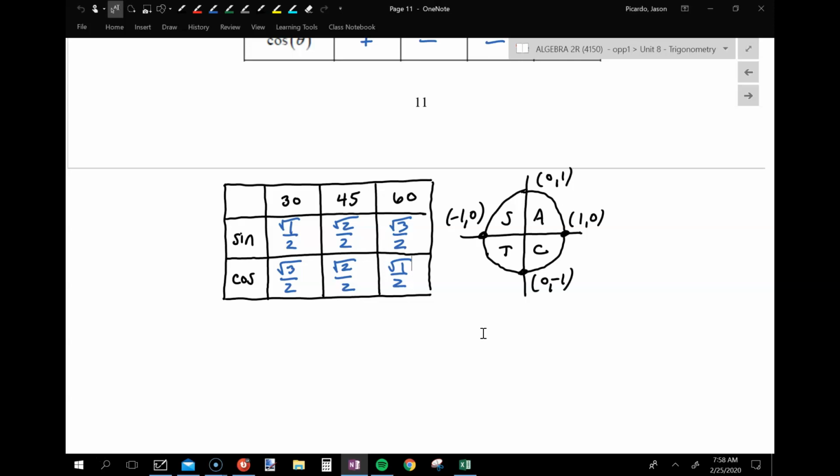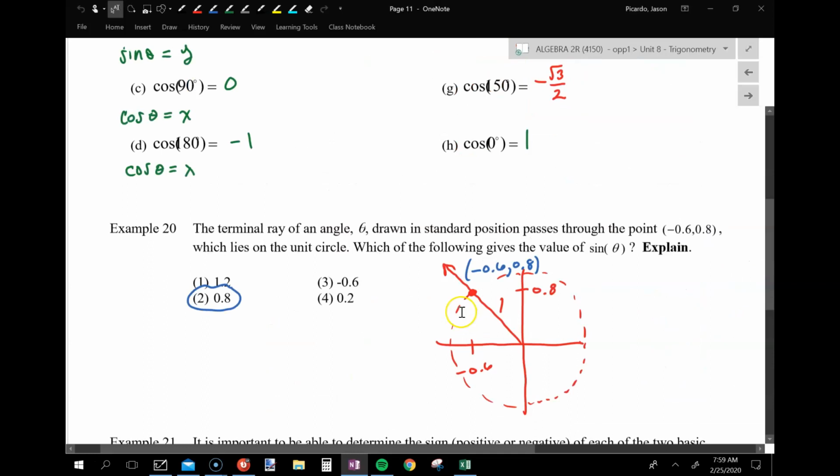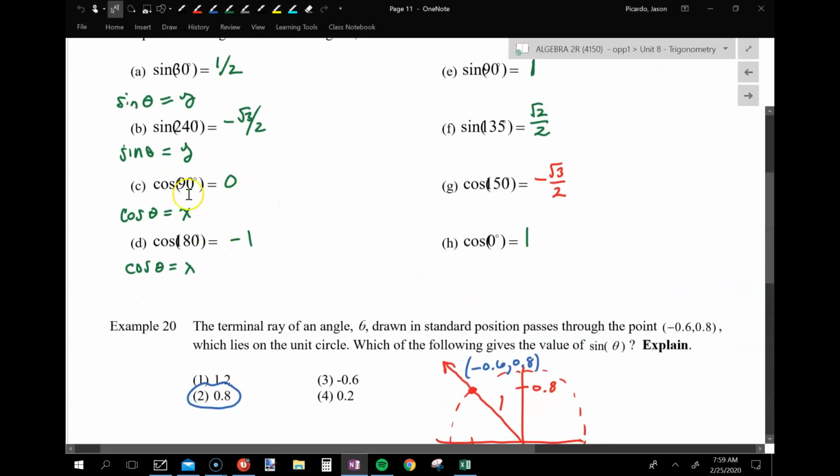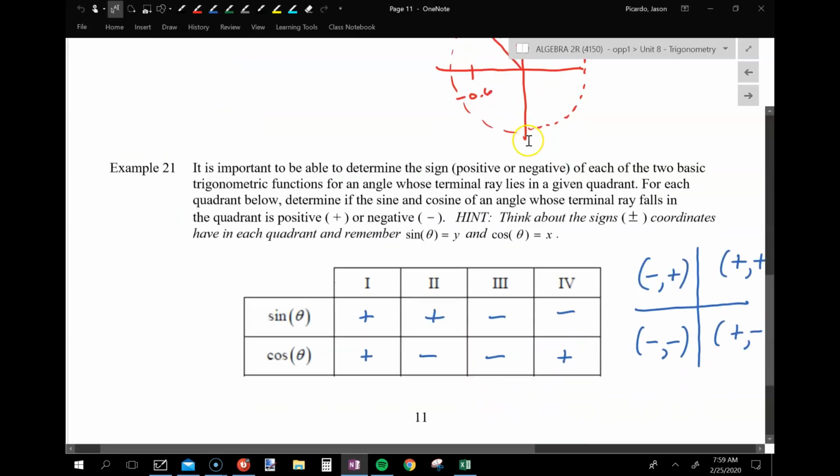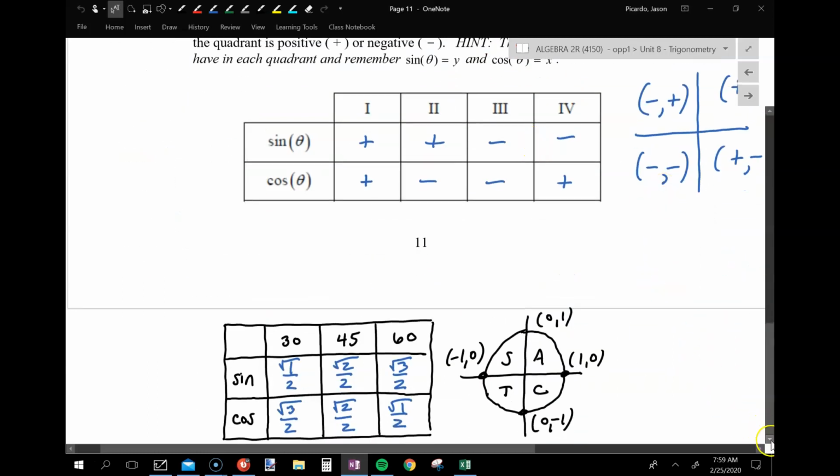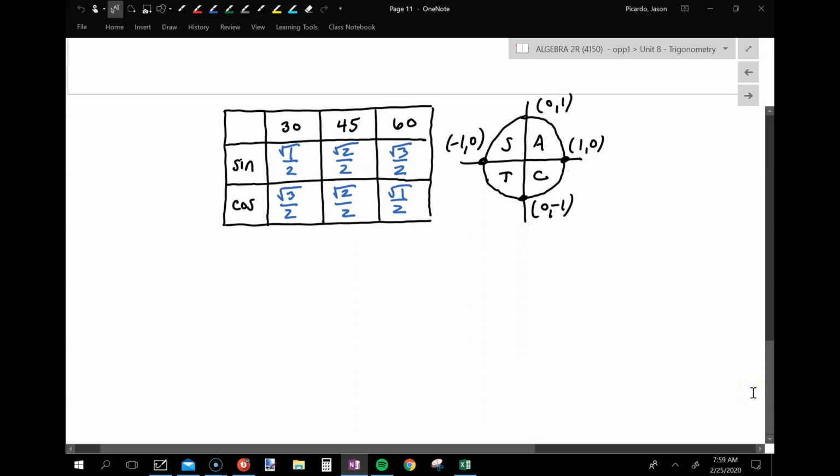Okay, so right now you're like, okay, great, you gave me all the answers to the quadrantal ones. Those are easy. And things that are in quadrant 1. Great. Watch this. On the previous questions, I had you guys do something like sine of 135, right? So watch this. Sine of 135.